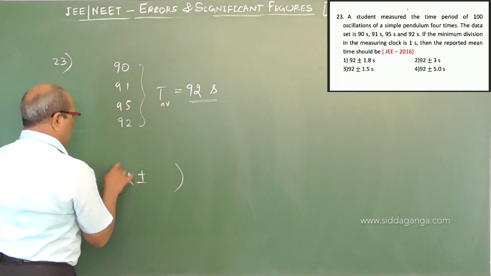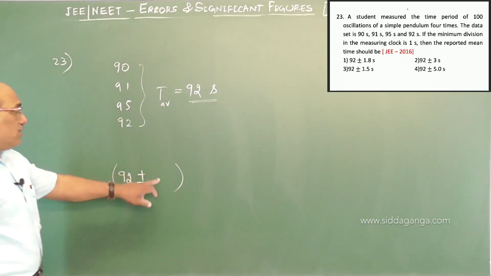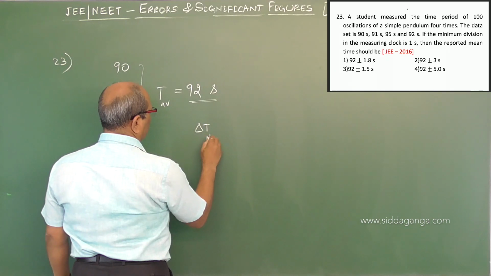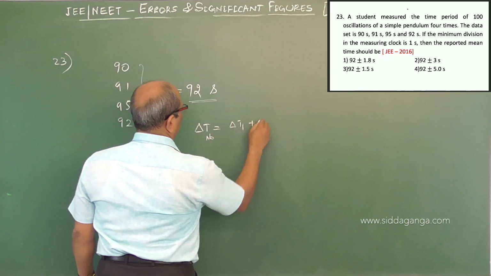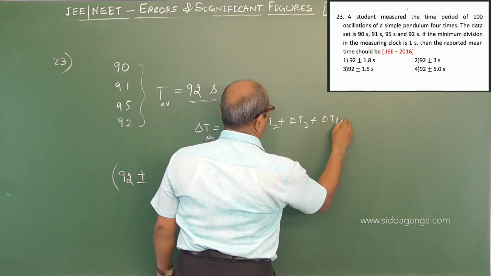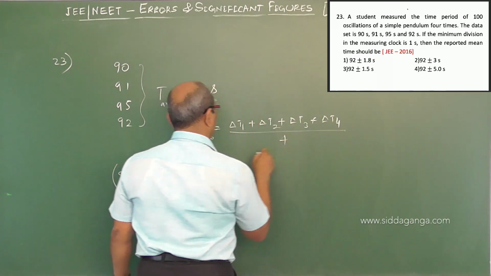Plus or minus value, how much do I have to obtain? For this, the absolute error in measuring this is delta T1 plus delta T2 plus delta T3 plus delta T4 by 4.